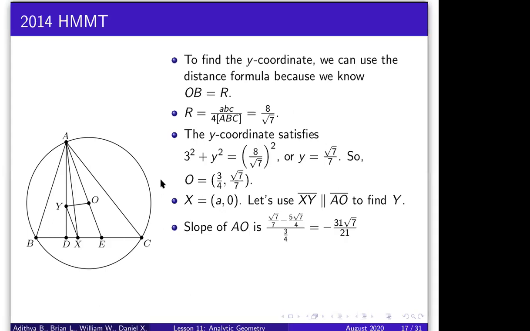Yep, so the slope of AO is root 7 over 7 minus 5 root 7 over 4, divided by 3/4, and that comes out to negative 31 over 21 times root 7.